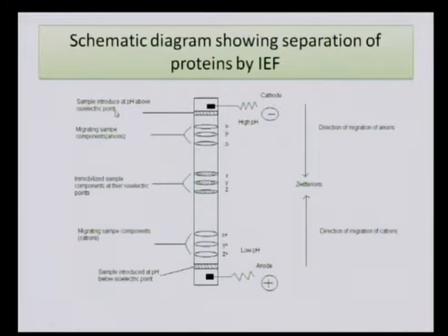Similarly, when you introduce the protein mixture at high pH, the proteins will get a net negative charge. When you allow the current to flow through this strip, these negative ions, the anions, will move towards the anode.